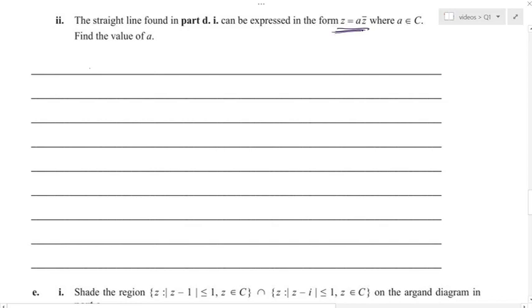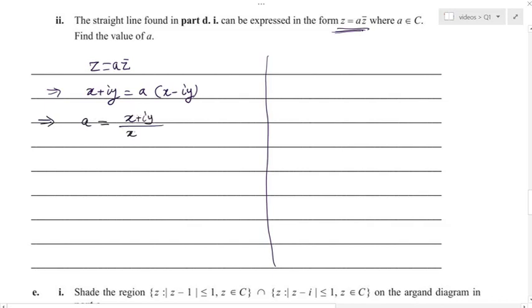Because z = a z̄, let me do it in 2 columns here, which gives me x + iy = a(x − iy), and that gives me a = (x + iy)/(x − iy). I can simplify that.